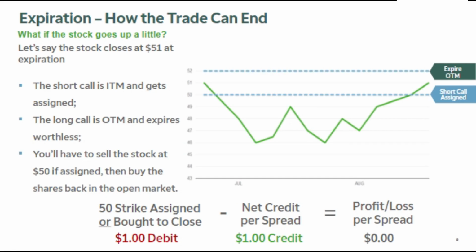Now, this is very rare. I wouldn't count on this happening. And it also could work out against us. We're talking specifically about selling verticals right now, but you can buy verticals too. Obviously, you could have bought the 50 and sold the 52 and paid $1 for it.